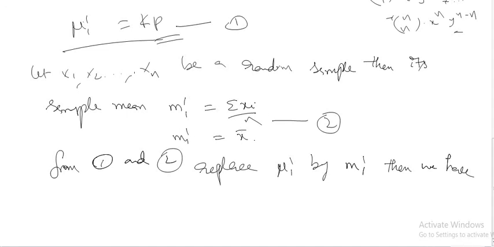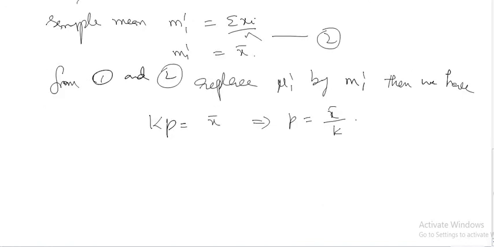The mu1 dash value is replaced by x bar. That means kp equals x bar. That implies p equals x bar by k. That is p cap equals x bar by k.